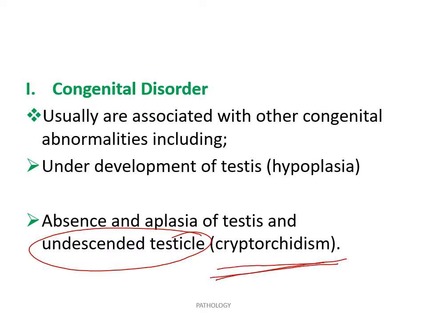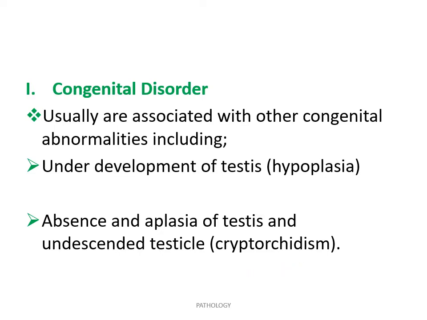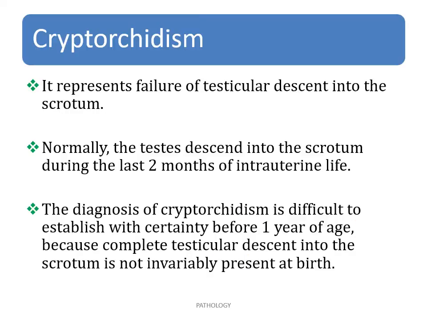To summarize, congenital malformation of the testis includes underdevelopment, that is hypoplasia; absence of the testis, that is aplasia; and the testis that has developed but is undescended, that is cryptorchidism.